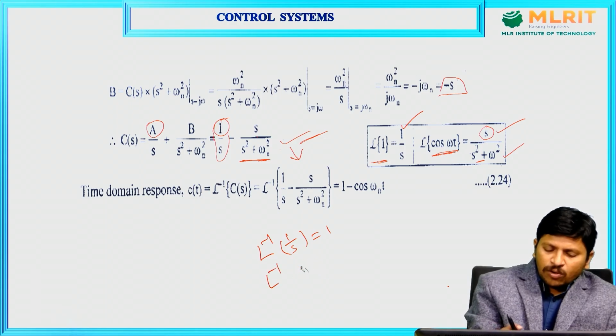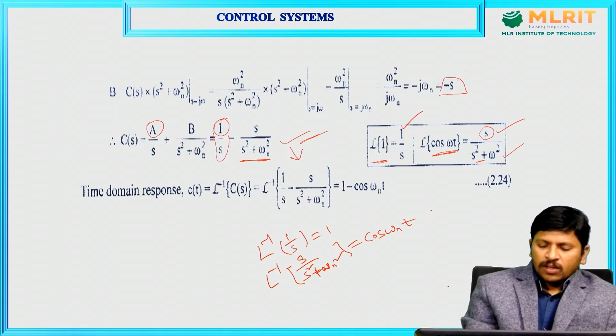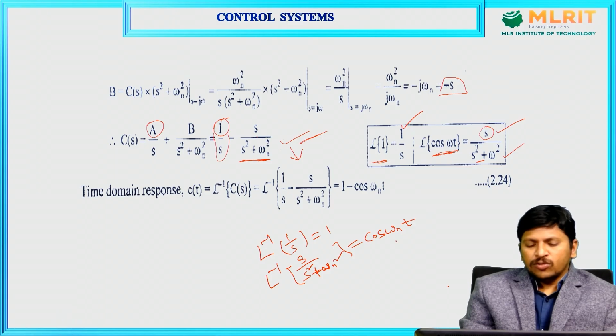Inverse Laplace of S divided by S square plus omega n square, or omega square, equals cos omega n t.